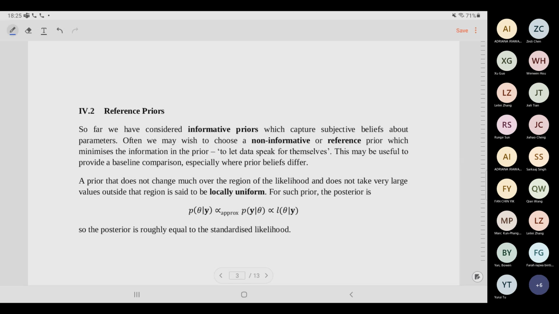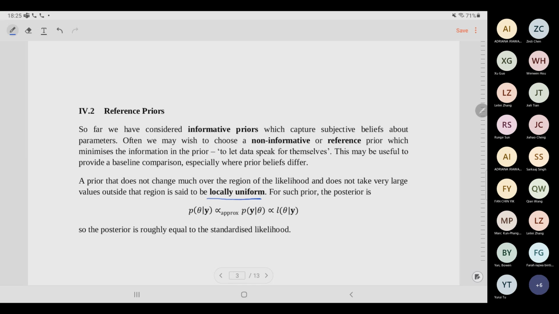Then how do you find an example of a reference prior or non-informative prior? You can use the fact that you want the prior to not change much over the region of the likelihood and not take very large values outside of the region. This is called locally uniform.